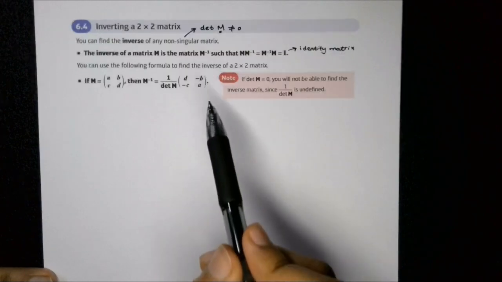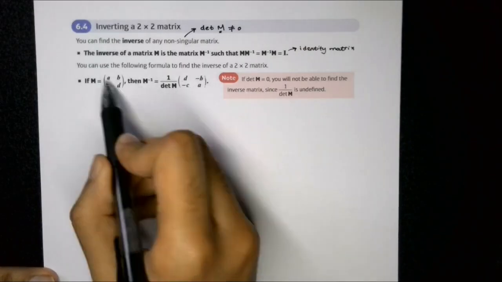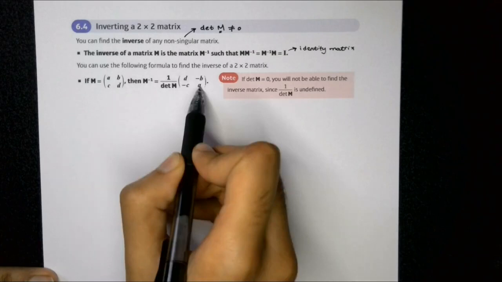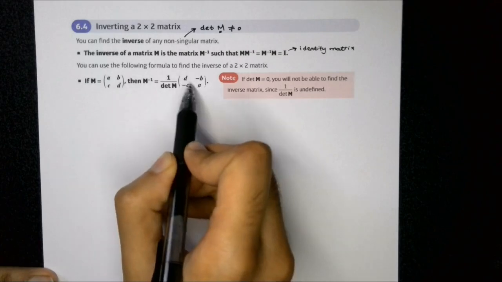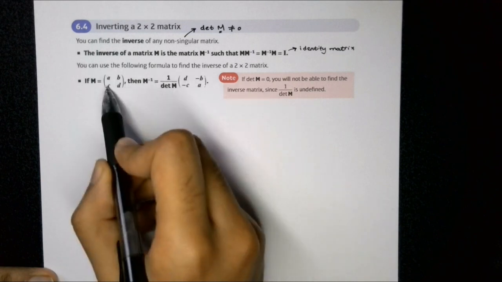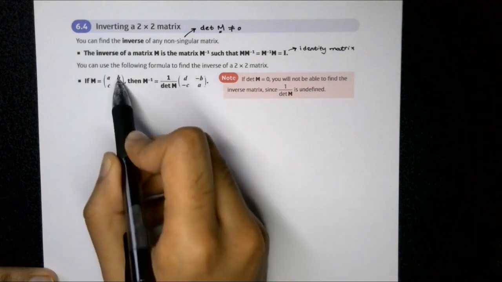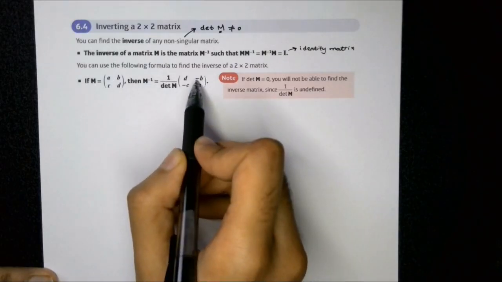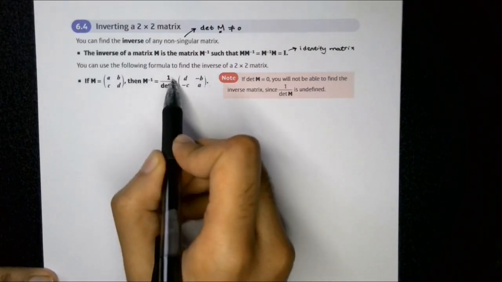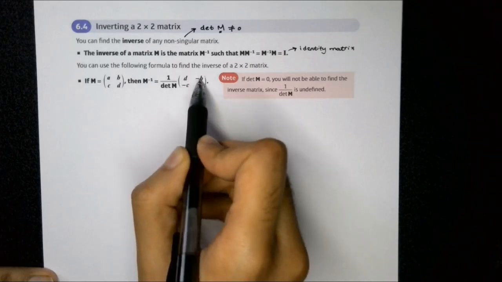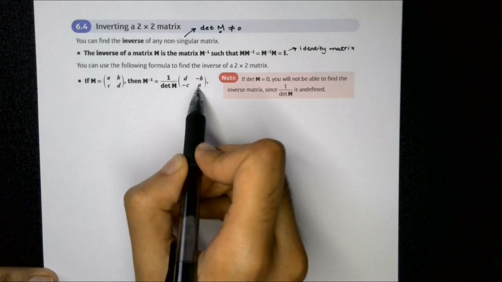And what you can see over here is the a has been swapped with the d and the d has been swapped with the a. So we swap these two elements, and where we have the c and b, we stick a minus sign in front of those. So the inverse of M is equal to 1 over the determinant of M multiplied by the matrix d, -b, -c, a.